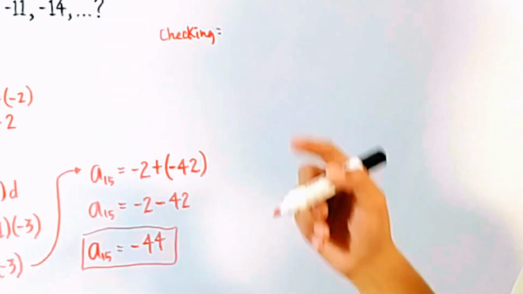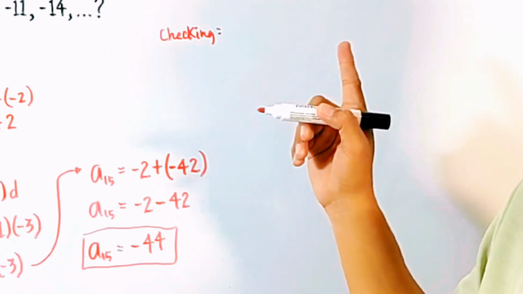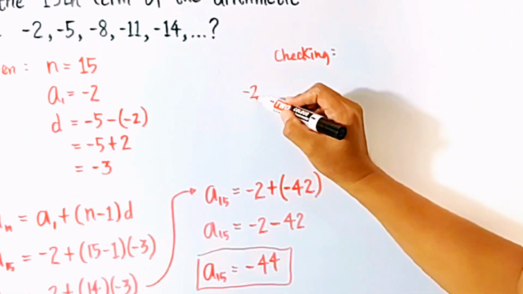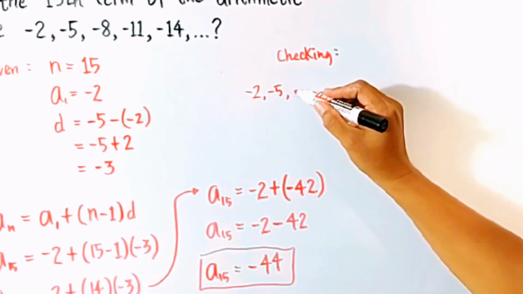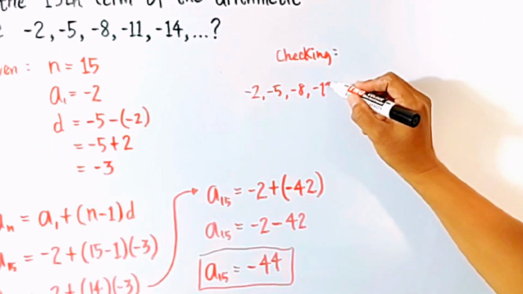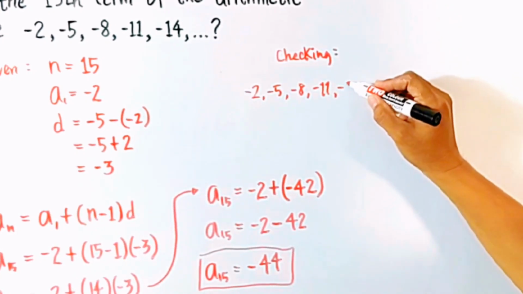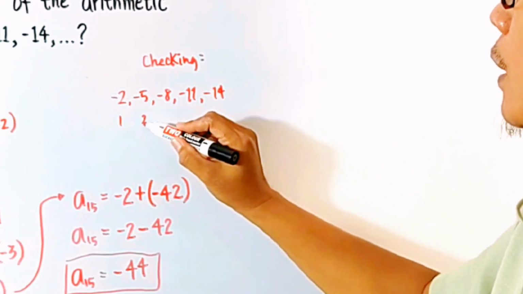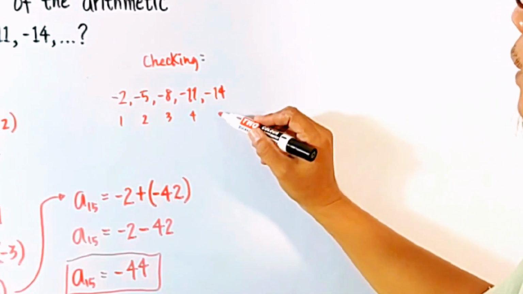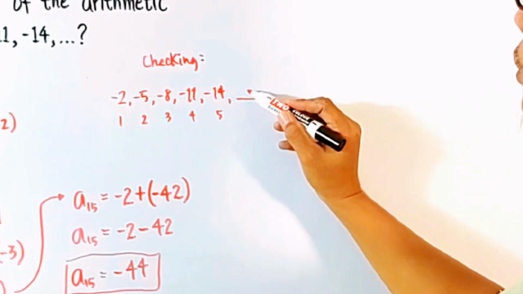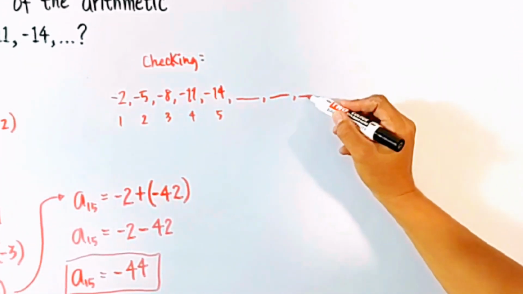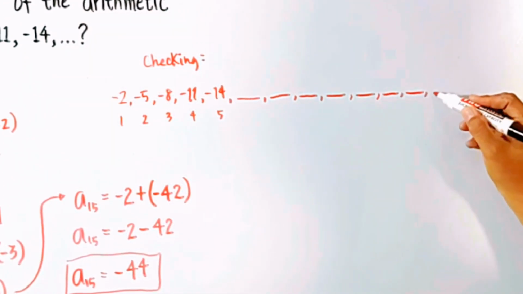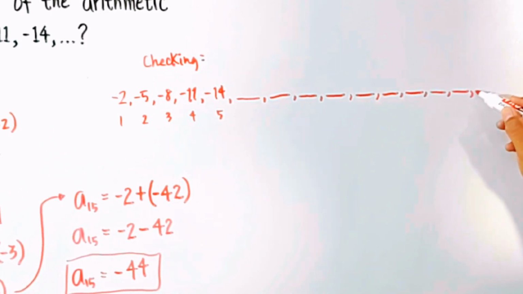We can apply manual checking because the sequence is given, to prove that the answer is correct. So let's start with this: negative 2, negative 5, negative 8, negative 11, negative 14. If we rank these as the first term, second term, third term, fourth term, fifth term, meaning we need to supply the 6th, 7th, 8th, 9th, 10th, 11th, 12th, 13th, 14th, and 15th term.